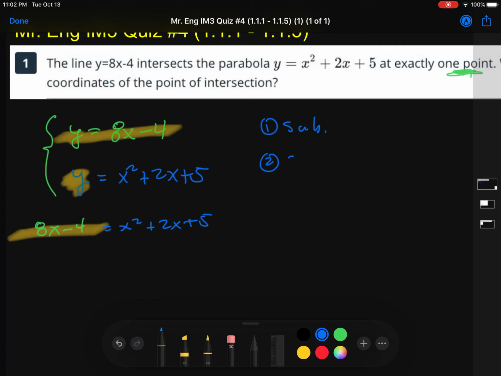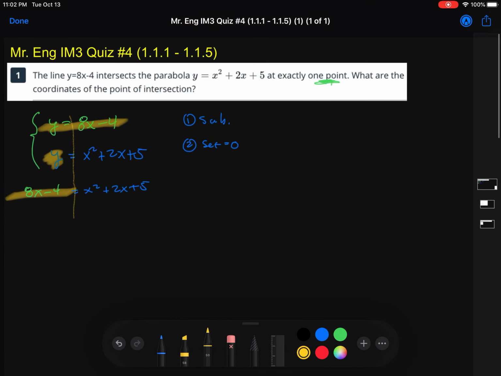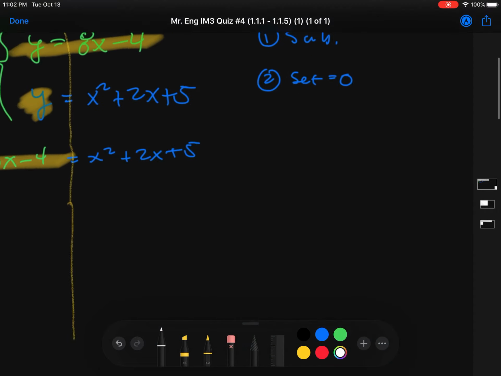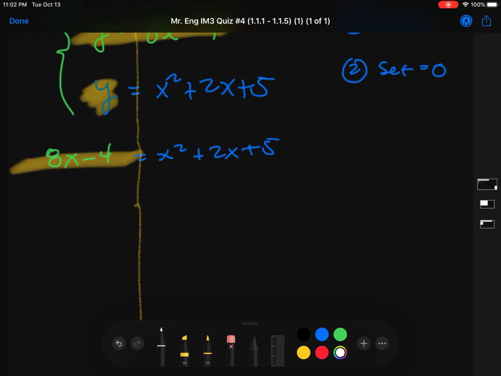Okay, now I'm going to set equal to 0. Let's go ahead and do that. I like to draw a nice straight line here. So we have, I'm going to move the 8x and the 4 to the other side.